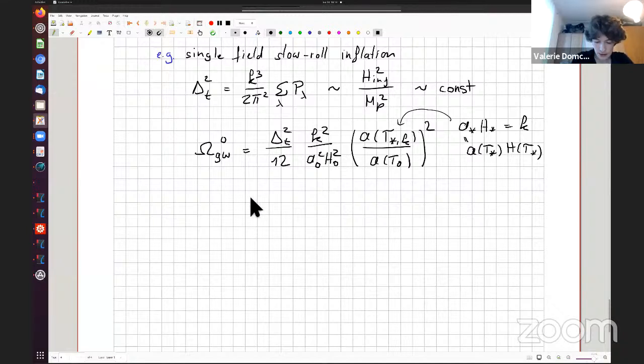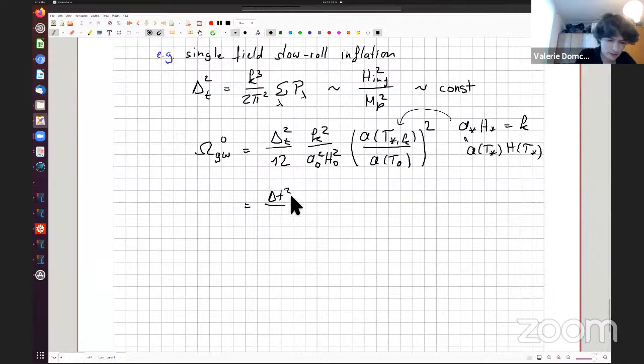So we can now write this slightly differently as Delta_T squared divided by 12. Here I'm going to write this as k divided by a star H star, squared.